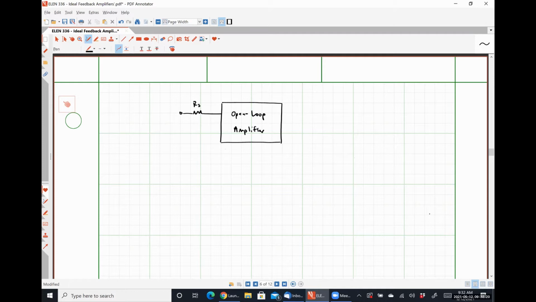We're going to have RS. Here we will place R11 on this side. We will have R22, and our load resistance. And then we can define our open loop gain.